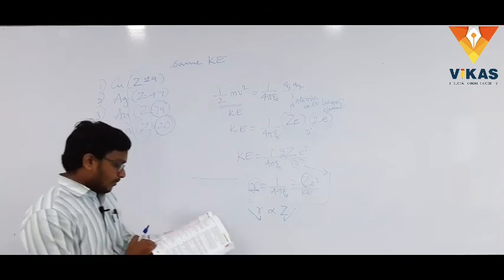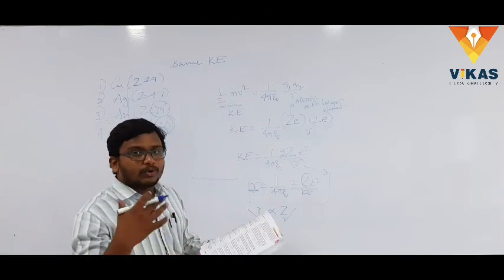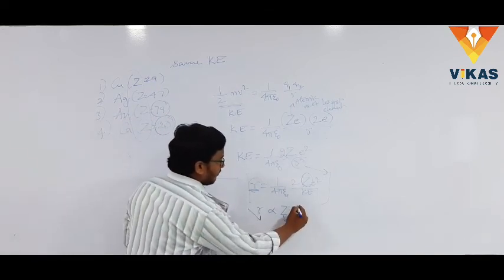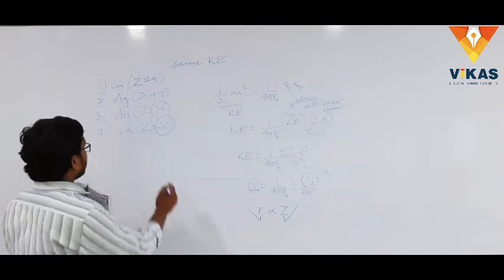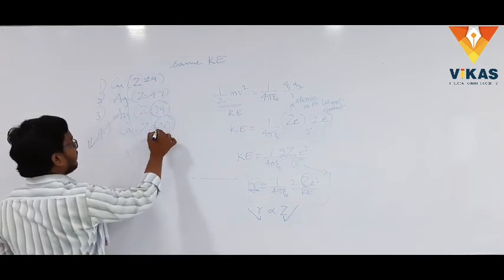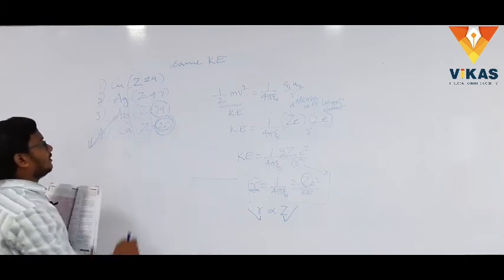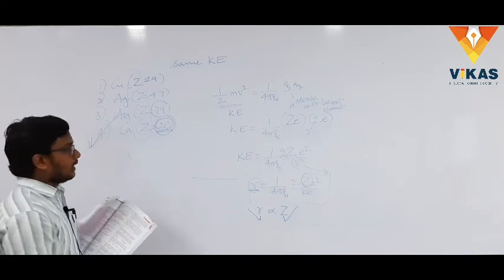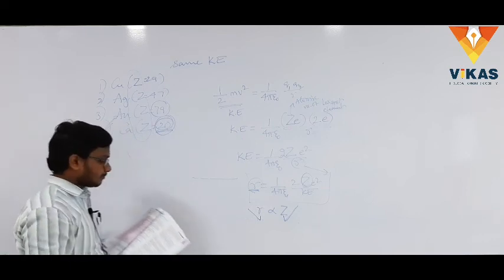What they asked is the distance of closest approach, which means the closest distance is for the lowest atomic number. The atomic numbers given are 20, 29, 47 and 79, in which 20 is the least. So this is the correct option.